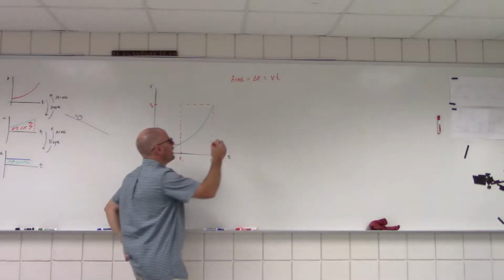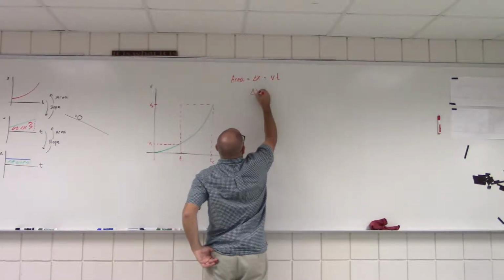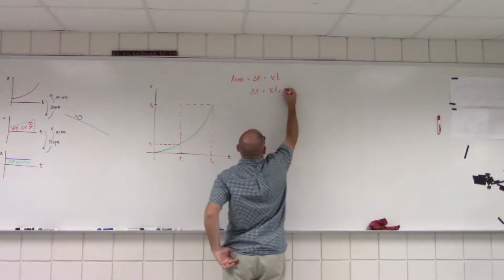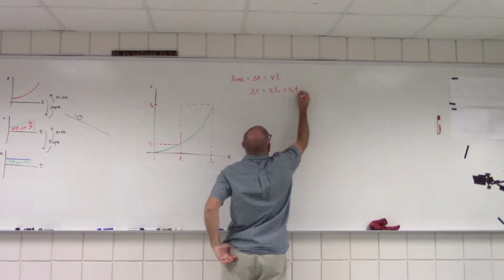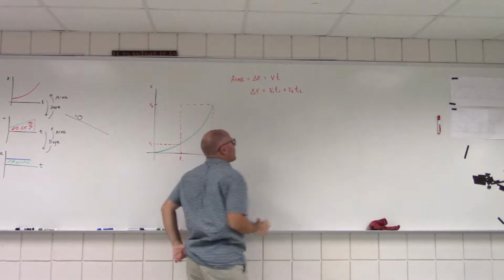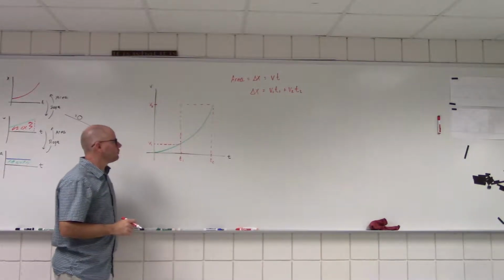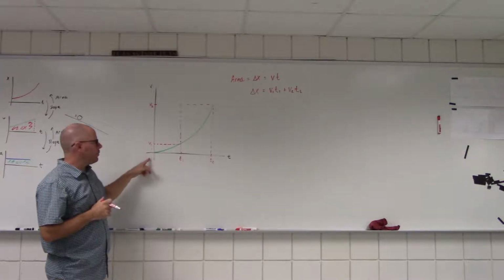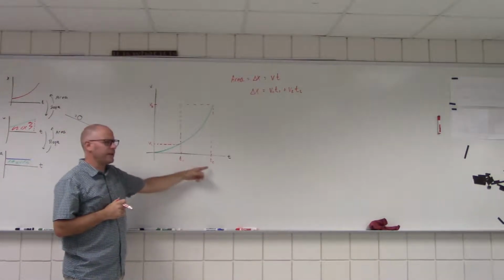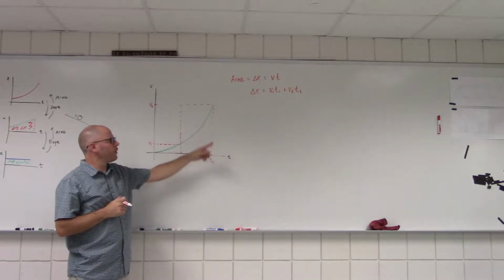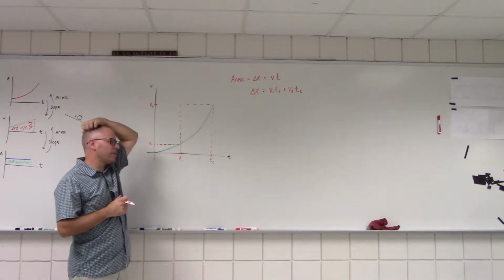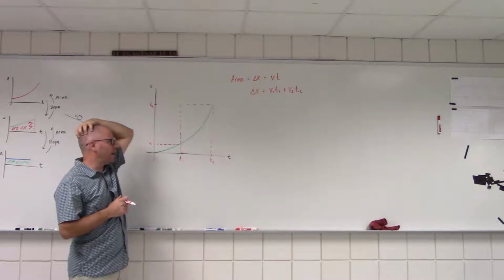And so here's what we say now. Oh, that's not right, because this is v1 times t1, but t2 is this whole distance here. So that's not the right statement at all. Is there a way for us to amend our statement here?